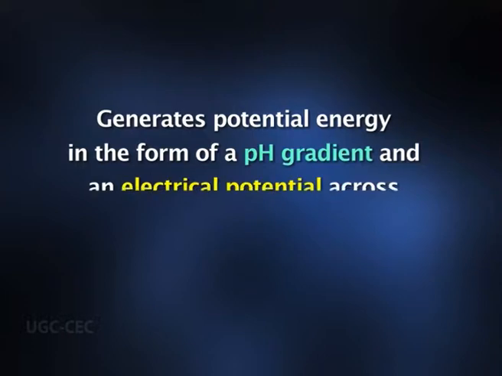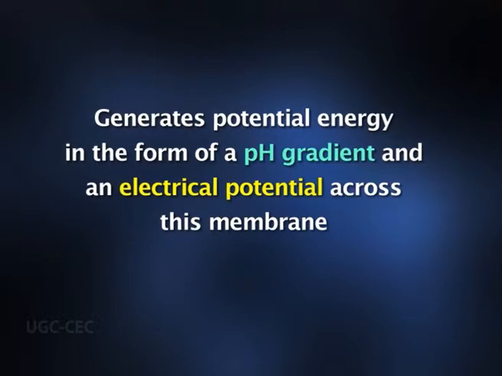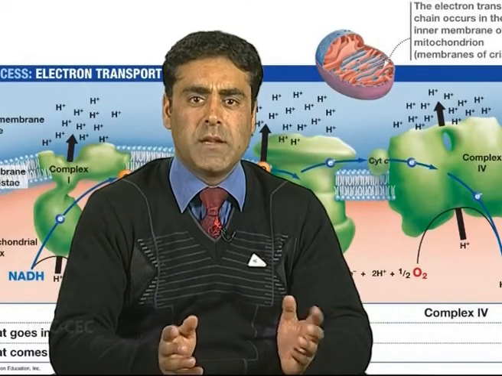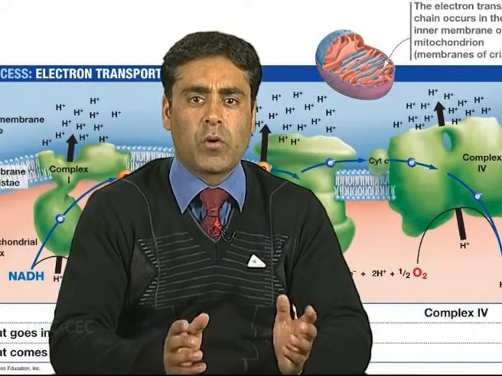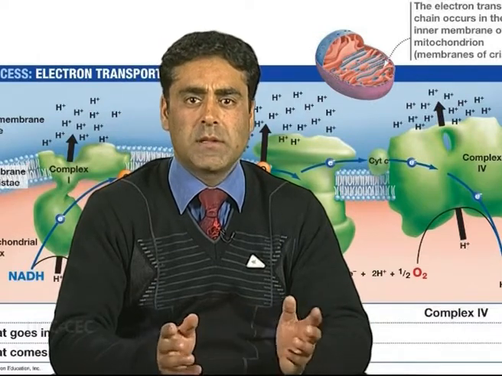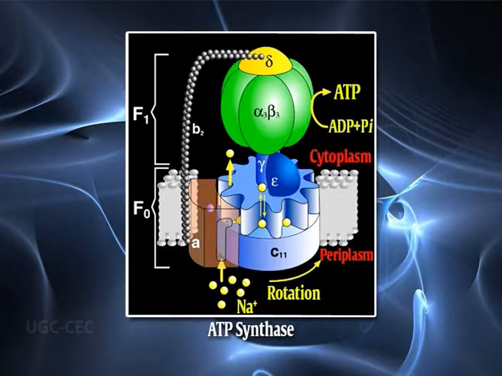This generates potential energy in the form of a pH gradient and an electrical potential across this membrane. This store of energy is tapped by allowing protons to flow back across the membrane and down this gradient through a large enzyme called ATP synthase.